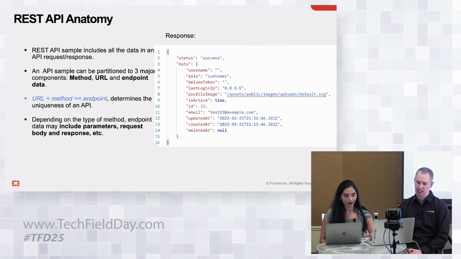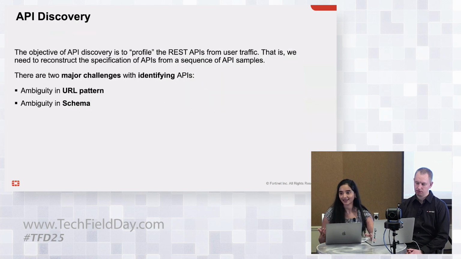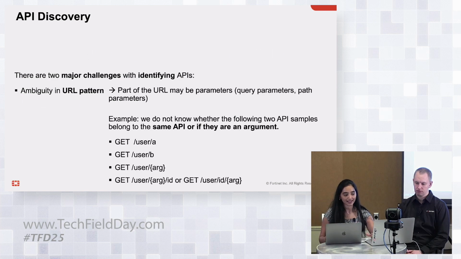This is for the URL endpoint. Now, with query parameters, path parameters and the JSON body, we do have some challenges. One is that there might be an ambiguity in the URL pattern. For example, there is a get request with a URL, like the juice shop, and then user/A, user/B.